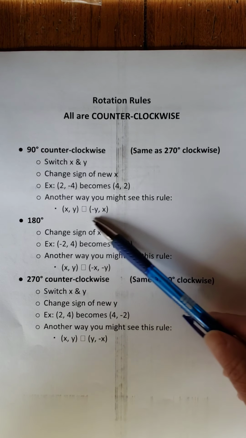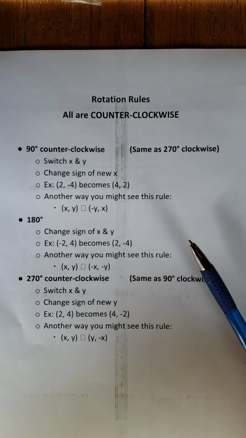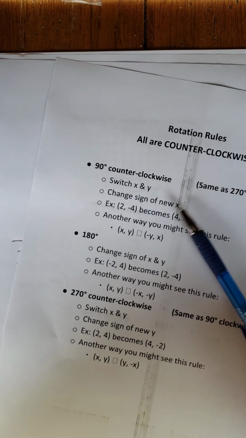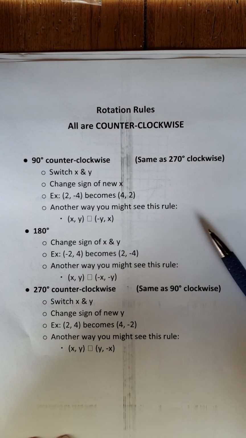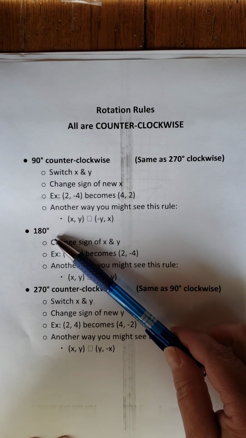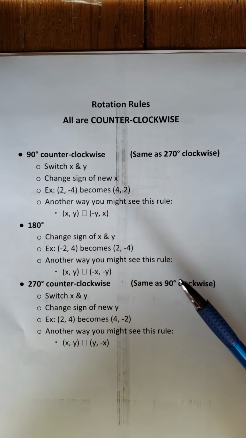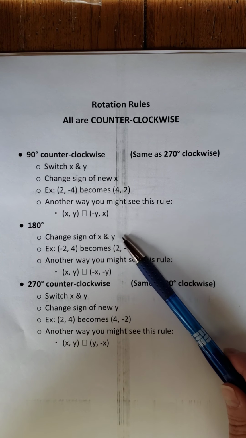So let's look at 180 degrees. Now you'll notice I haven't written an equivalent over here, and that's because 180 degrees is the same in either direction. Think about it. We're starting here, we end up here, or we're starting here, we end up here. 180 degrees is the same in either direction. So our rule for that is we just change the sign of x and y.